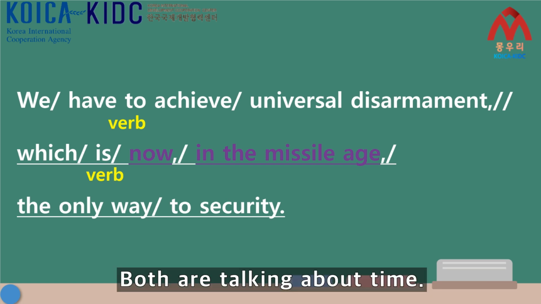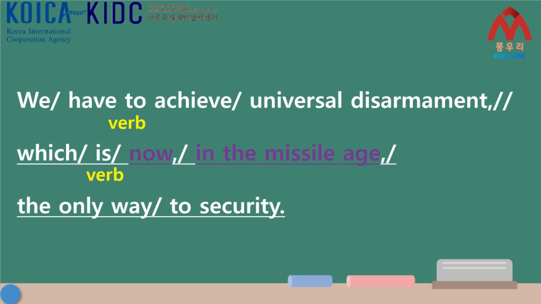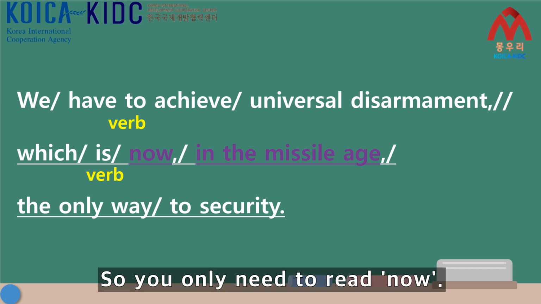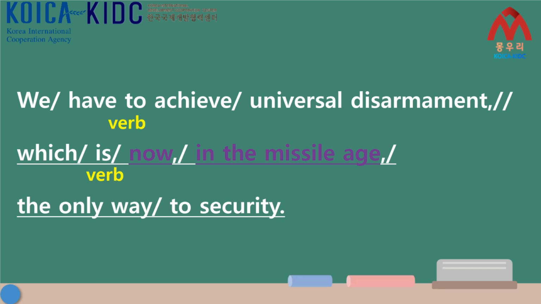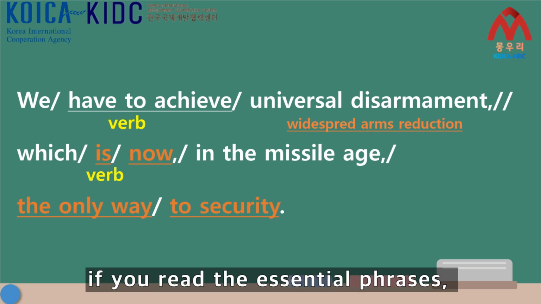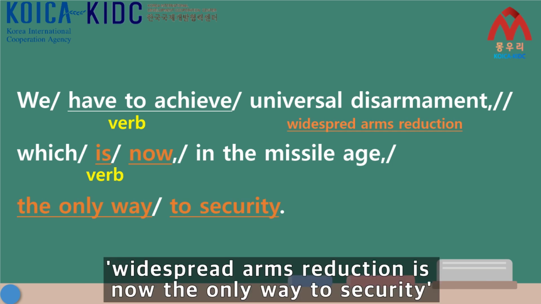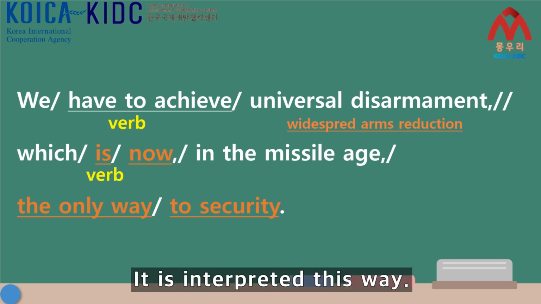Both are talking about time. So you only need to read now. If you read the essential phrases, widespread arms reduction is now the only way to security. It is interpreted this way.